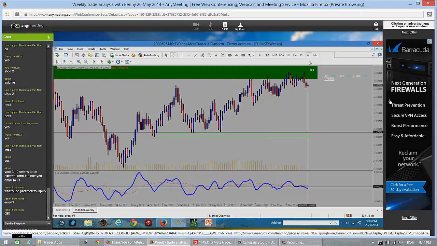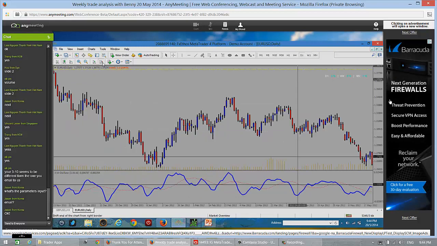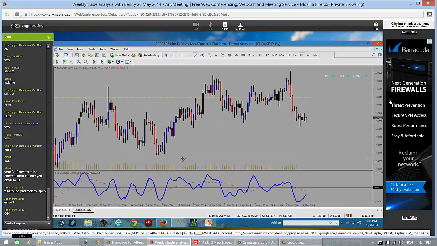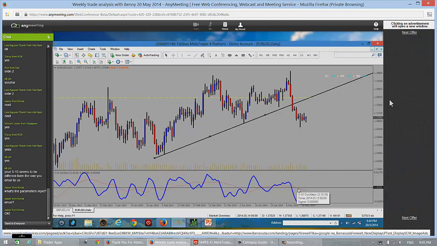Okay, so based on the weekly, you can see that we already entered into the supply. Now we go to the daily and you see what happened. Draw our trend line. We have a trend line, and this trend line is completely removed. Can you see that? And what happened to the 310? See the slow line?